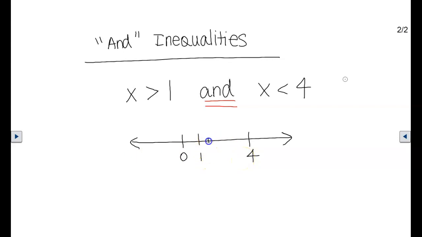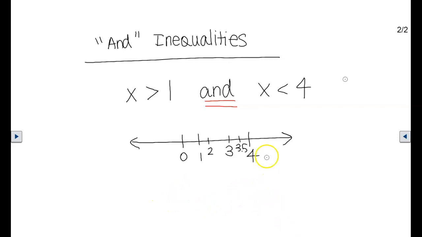So that would include 2. 2 is greater than 1 and 2 is less than 4. It does both things. 3 would also work. 3 is greater than 1 and 3 is less than 4. 3.5. 3.5 is greater than 1 and 3.5 is less than 4.